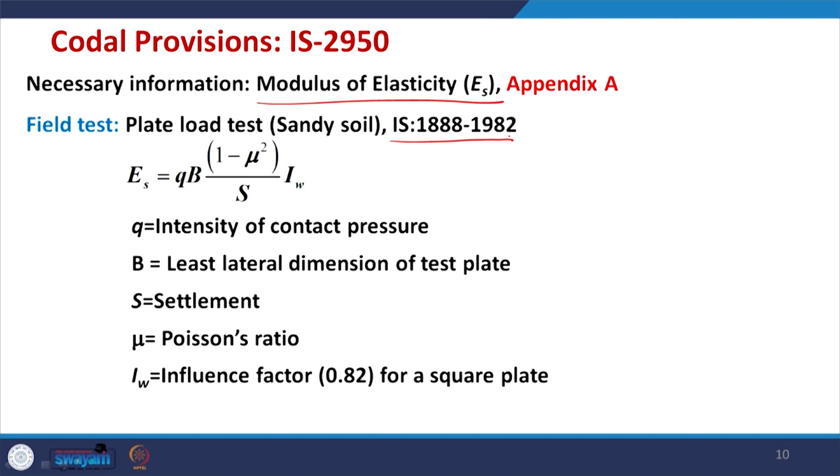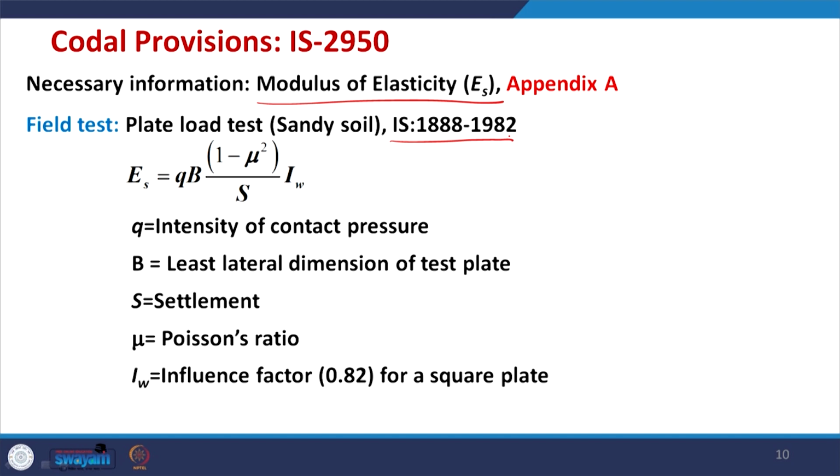Q is the intensity of contact pressure, and how to find it is itself a question, which we will discuss later. B is the least lateral dimension of the test plate, and the settlement is measured in the plate load test. Mu is the Poisson's ratio, and IW is the influence factor, which is normally taken as 0.82 for a square plate.